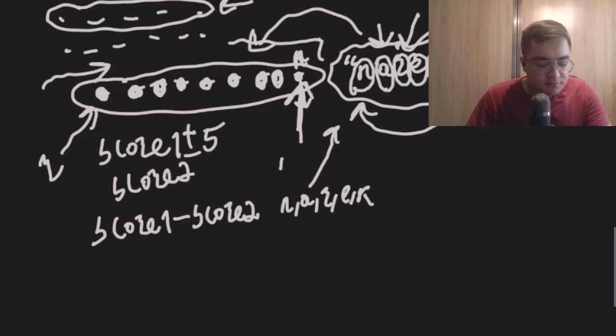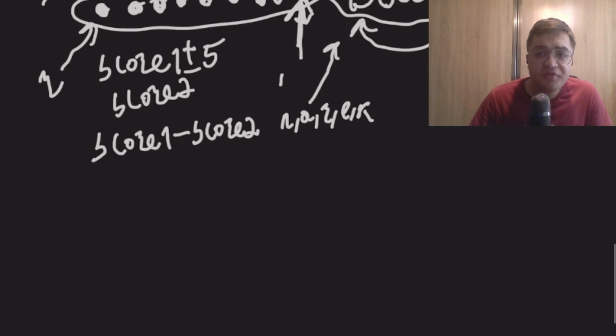Okay. Now, one thing you can, of course, notice here is if you take the empty subset, both score 1 and score 2 are 0. So you can always have the 0. The answer is always going to be non-negative, obviously, because you always have the option to choose the empty subset and output 0.